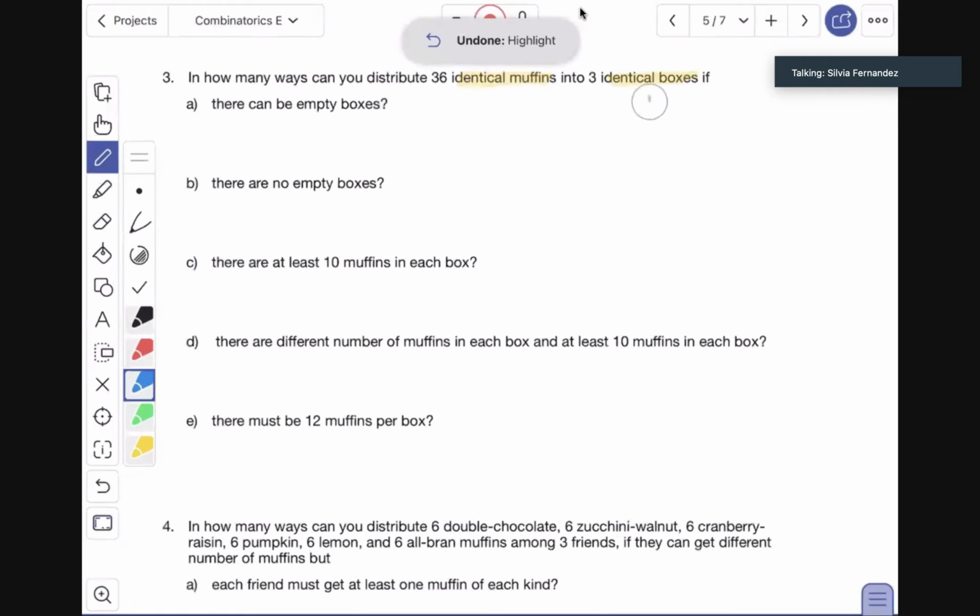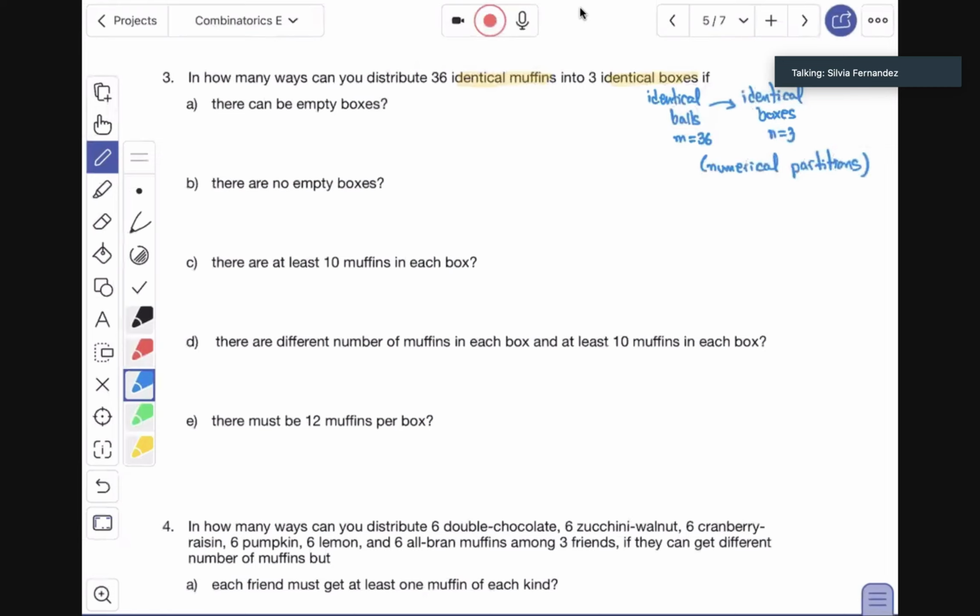As a general explanation to this problem, we have identical balls, or the equivalent, to identical boxes. And so my M, if you want to use the table, is 36, and the N is 3, and we have certain conditions. But for all of this, we're going to have numerical partitions, the function P, or some of its variants.